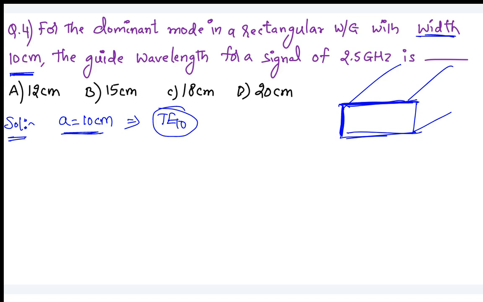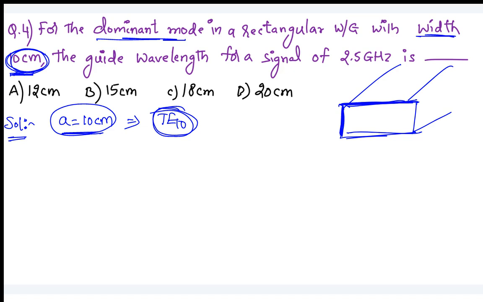Because if you assume 10 centimeter as the minimum dimension, you cannot find out the dominant mode. The dominant mode can be decided only when you know the maximum dimension. That is why I have assumed whatever is given is my maximum dimension. According to that, TE10 mode is my dominant mode.